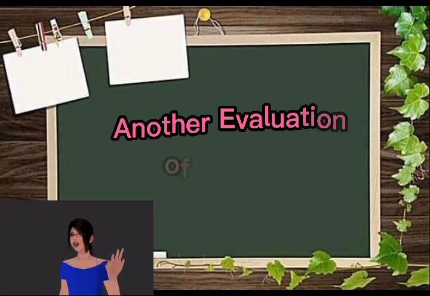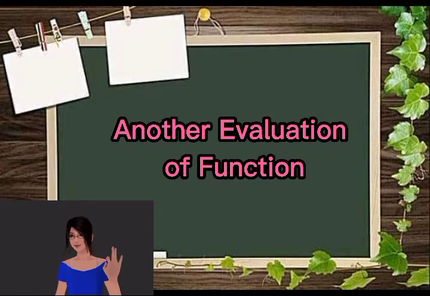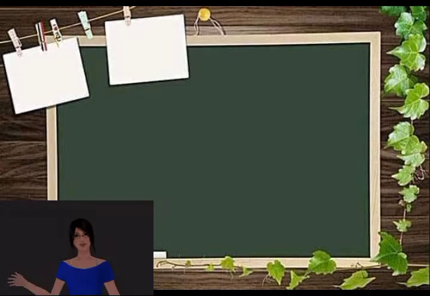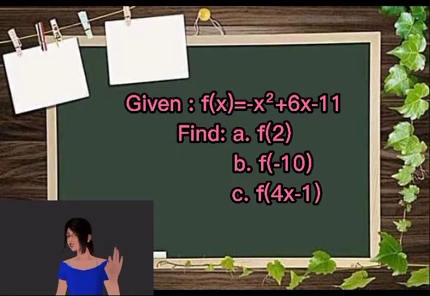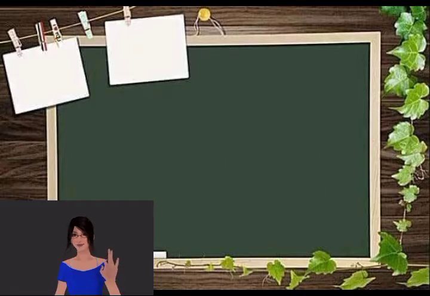Let's take a look at some more function evaluation. Example, given f of x is equal to negative x squared plus 6x minus 11, find each of the following. A, f of 2, B, f of negative 10, and C, f of 4x minus 1.